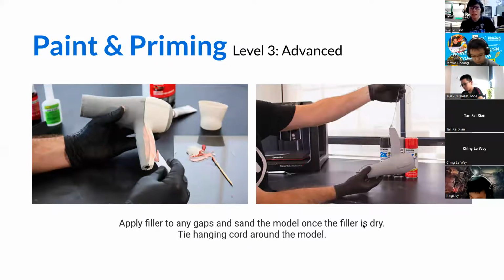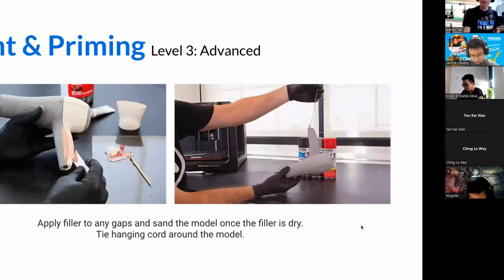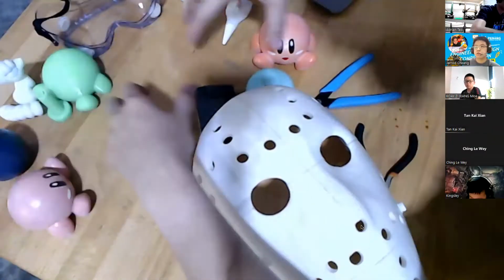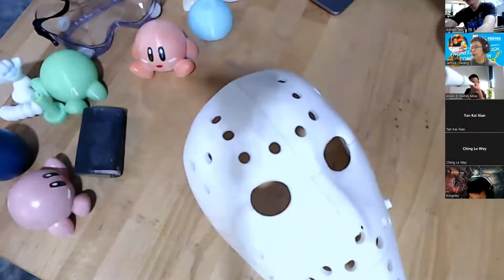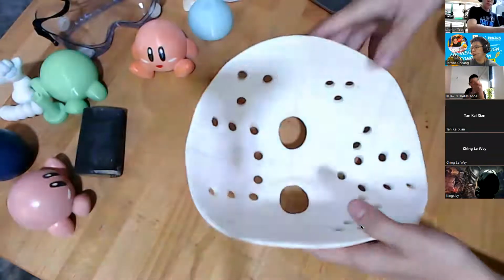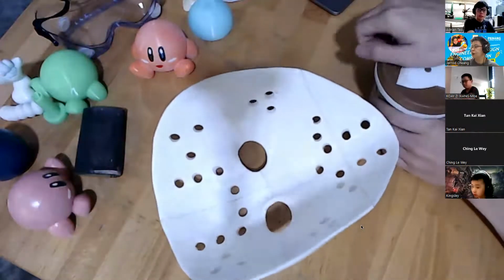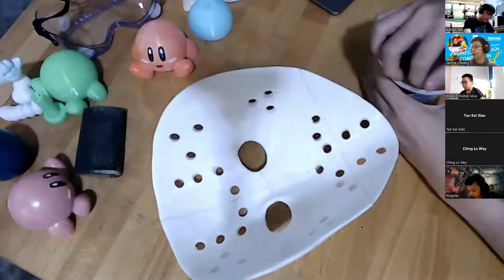Okay, I will continue with a demonstration. Move all my parts to the side here. So how do I use wood filler? This is the filler here. Open up the cover.